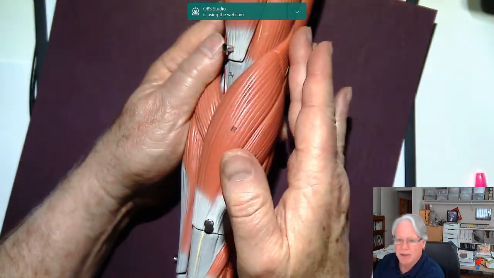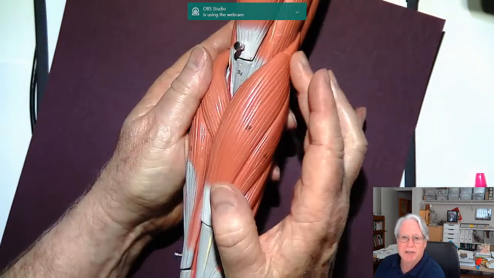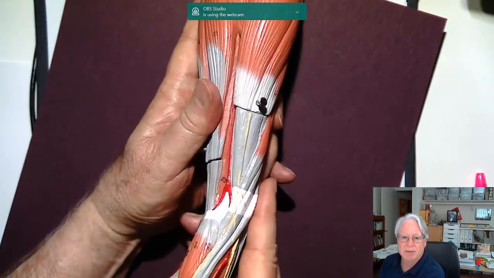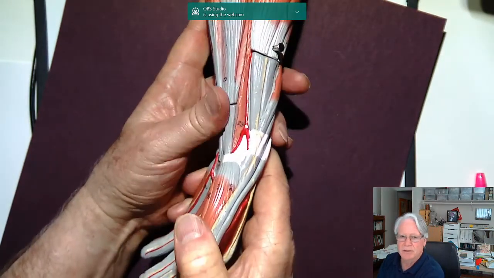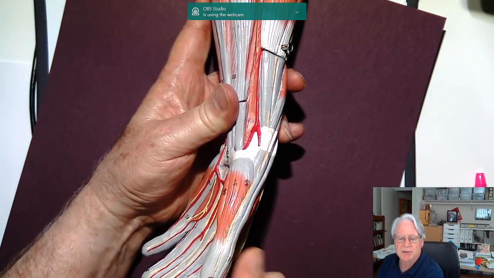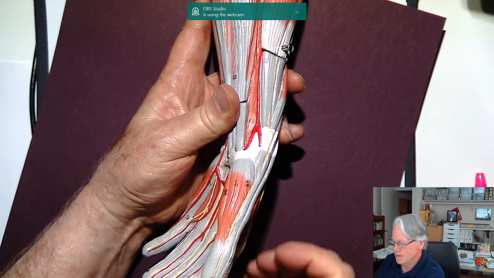So this is the lateral side. This is the medial side. It's coming there and going down here. And here's my thumb. Let's see if I can push this out. There you go. There's my thumb. Which, as you know, is medial.